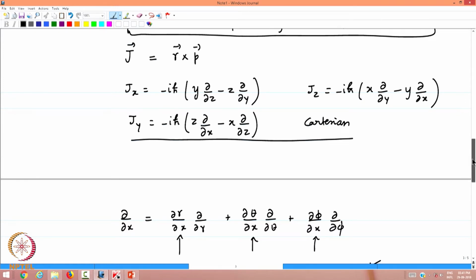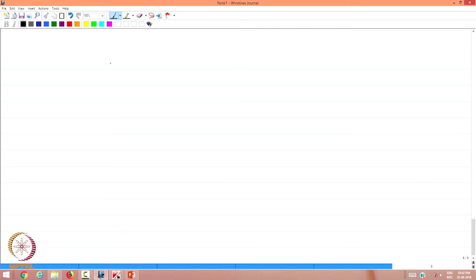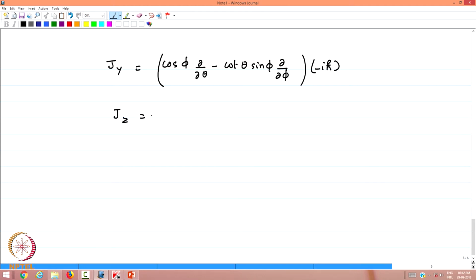Therefore, the algebra is simple enough for me to write down the corresponding Jy and Jz components for you to verify. Jy turns out to be cos φ ∂/∂θ minus cot θ sin φ ∂/∂φ multiplied by minus iħ, and Jz turns out to be even simpler.